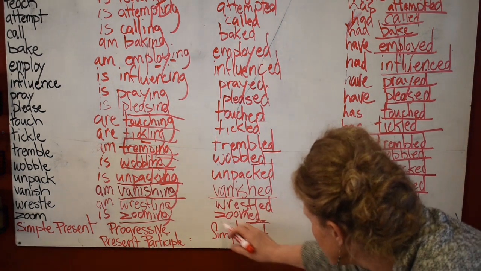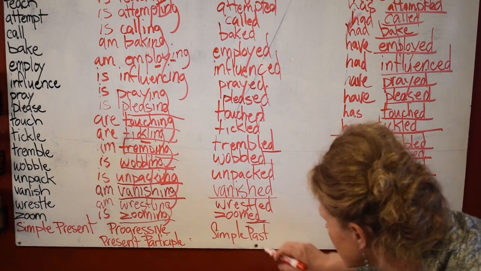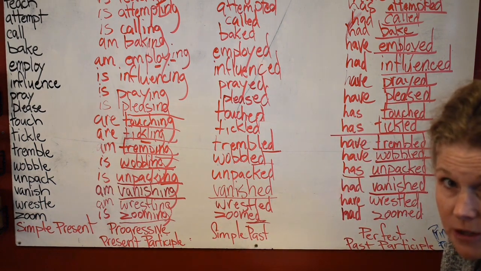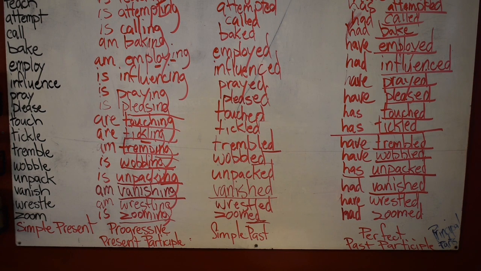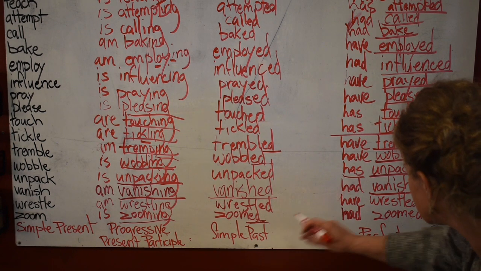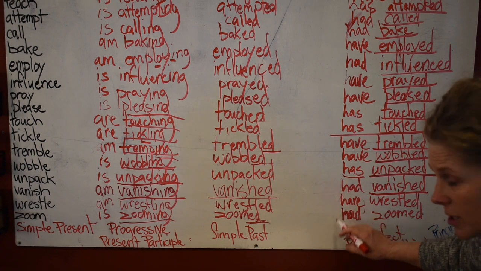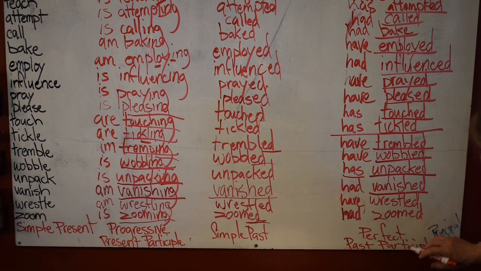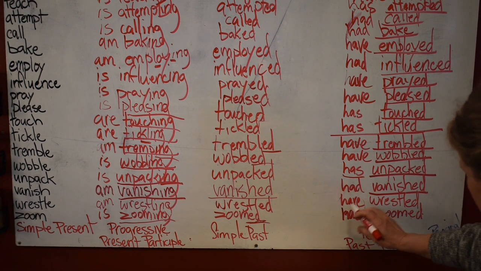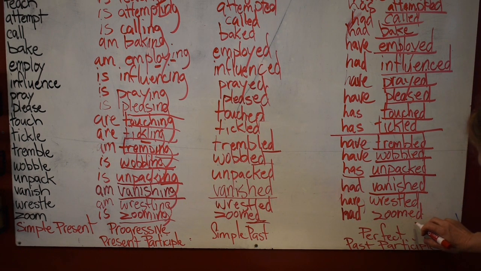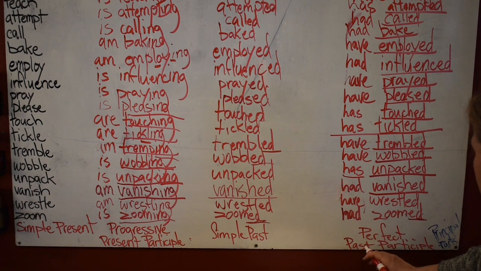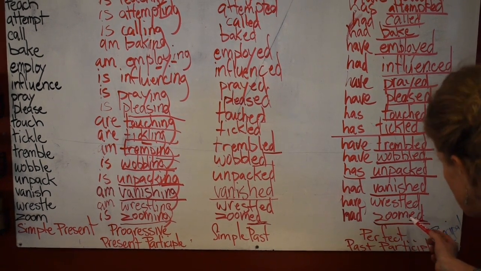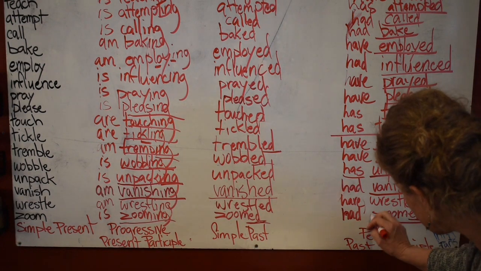You need to know that it's also the simple past, no auxiliary verb, and it can't be an adjective. That's why people get confused. But it's the same word. You have to use an auxiliary verb if you're going to put it in the perfect past participle. Auxiliary verb with your ed. And if you're going to use zoomed as an adjective, you do not use an auxiliary verb.